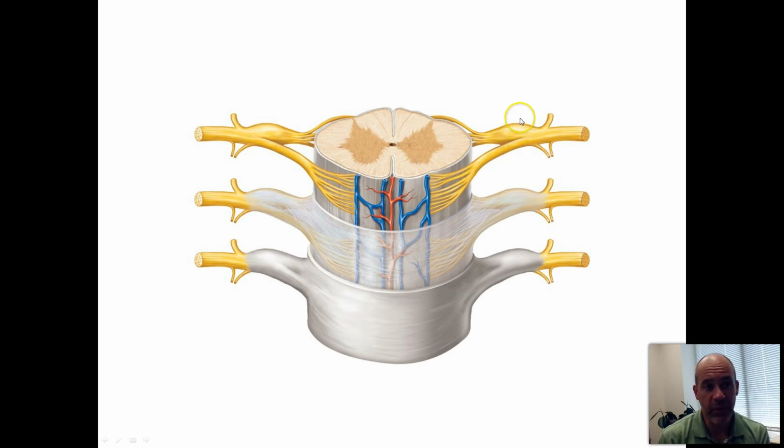Notice the dorsal root has this swollen area on each side. Okay, and so that's called the dorsal root ganglion on each side. So a ganglion is an area outside of the central nervous system where you have clusters of neuron cell bodies. All right, so in your dorsal root ganglia, that's where you have the cell bodies of your sensory neurons.